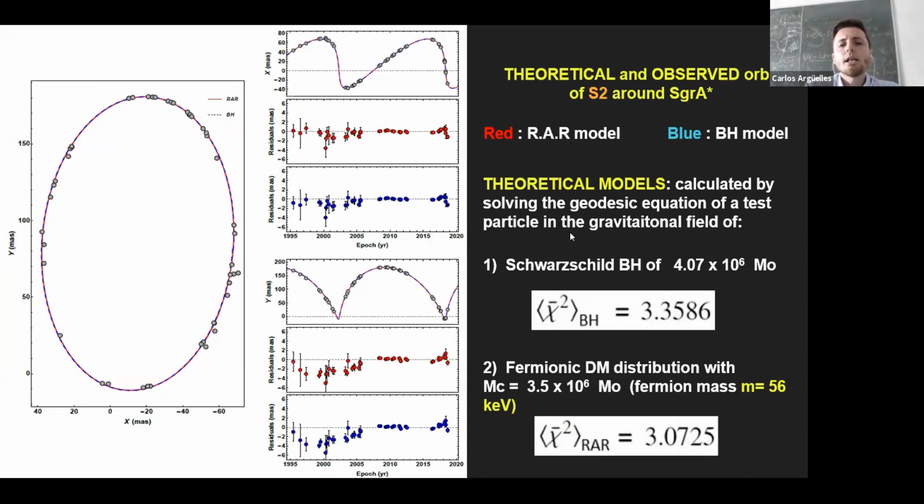These models are calculated by solving the geodesic equations of a test particle in the gravitational field of either a Schwarzschild black hole of 4.07 times 10^6 solar masses, with an average reduced chi-square statistic of 3.3, or, in the case of the fermion core with a particle mass of 56 keV, we are able to fit this data with a similar reduced chi-square, even statistically preferred.